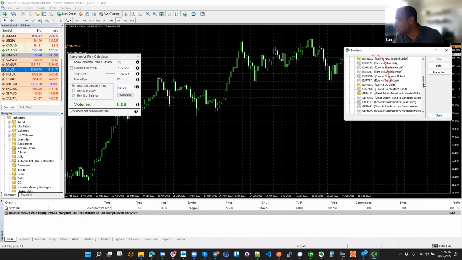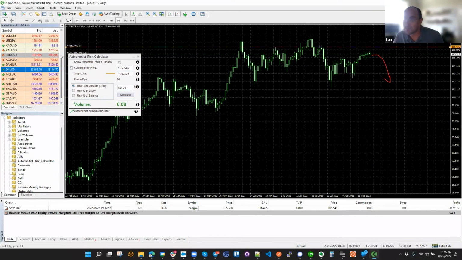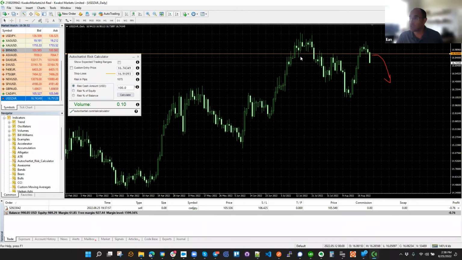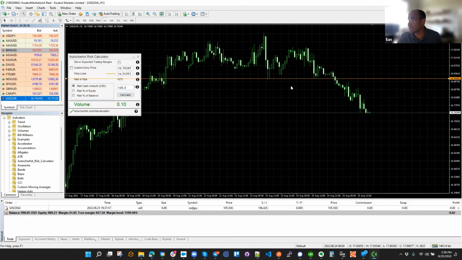So let's just see if we can find the ZAR on this list. Here it is, USD ZAR. I'm going to trade the ZAR. Let's trade ZAR short term, although the markets are closed in South Africa. Let's look at the 1 hourly chart and see what that looks like.